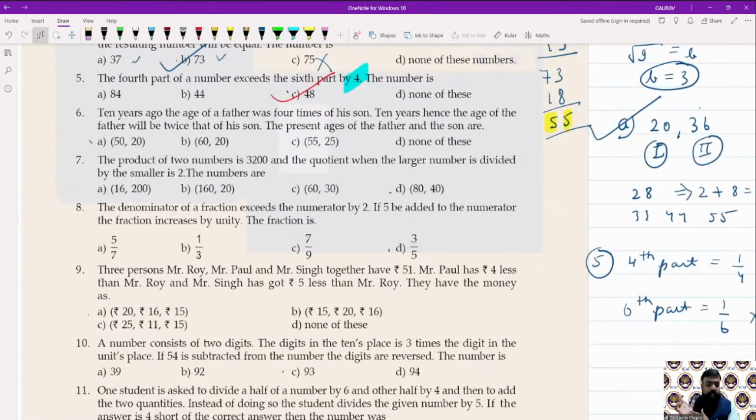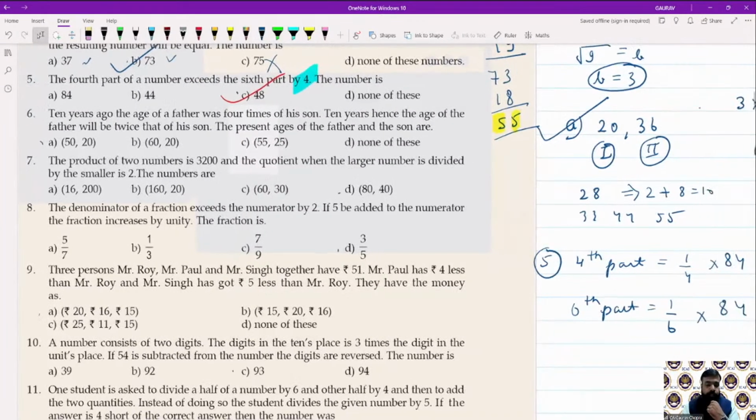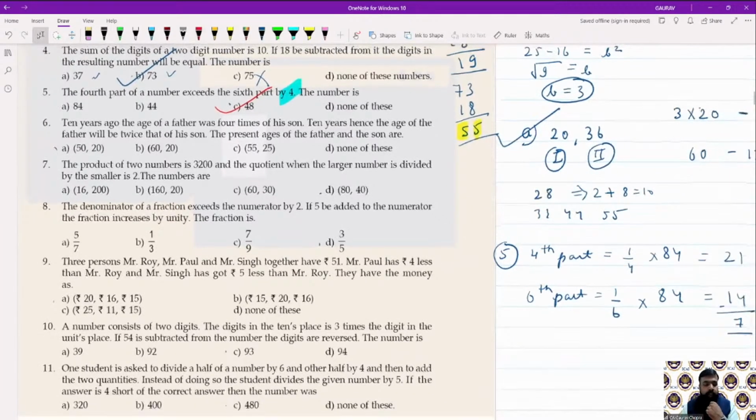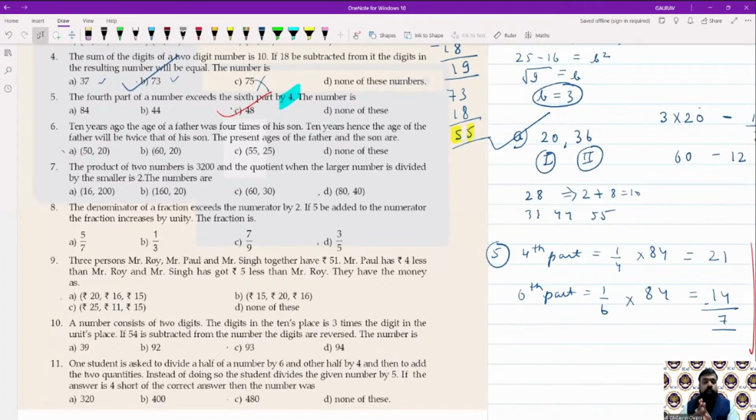So till 5 we have done. Now the next is question number 6. Now here we have to be very careful. The language is a good one. 10 years ago, the age of father was 4 times of his son.